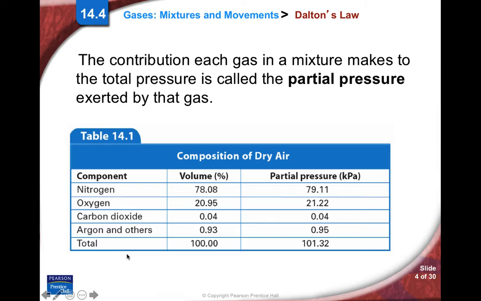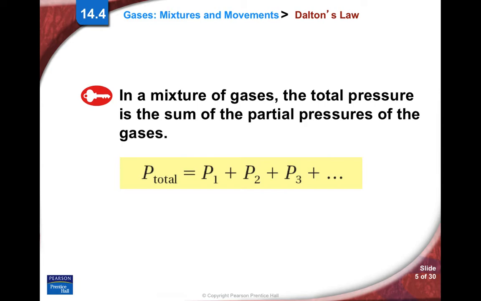Each of the gases that compose our atmosphere, nitrogen being the bulk of it, then some oxygen, a tiny bit of carbon dioxide, argon gas, which is a noble gas, and other gases mixing together, each has a certain partial pressure. They contribute to the whole.